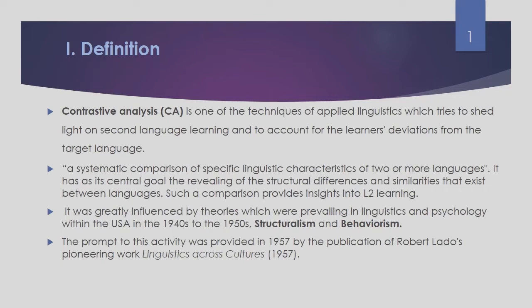This refers simply to the features of each language at all the levels. The differences and similarities can be found at the level of phonology, at the sound level, or at word level, the level of morphology, or at sentence level, the level of syntax, or at the semantic level.